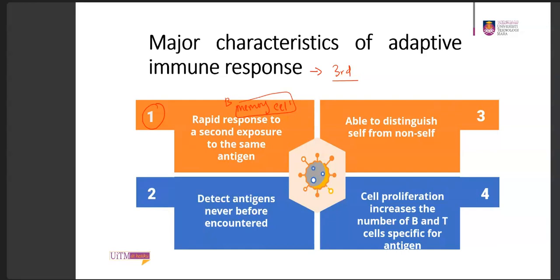For the second characteristic, it detects antigen never before encountered. Because the adaptive immune response involves lymphocytes, B cells or T cells, in your body there are many B cells and T cells that have receptors.